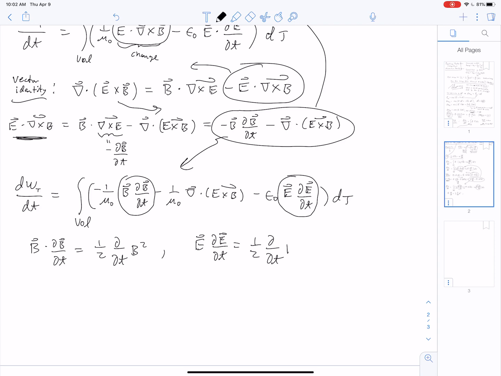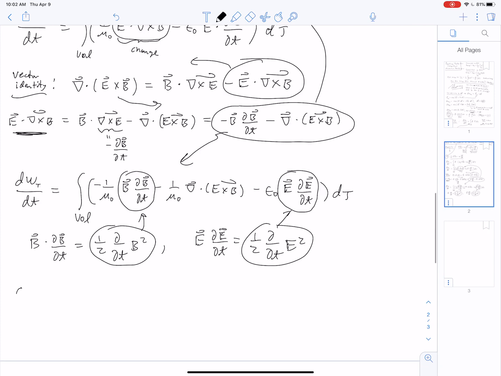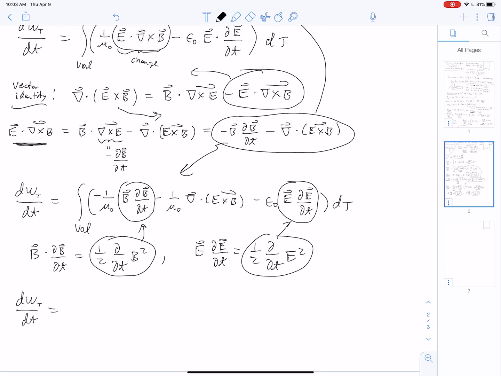And so what we can do then is plug this in here, and plug this guy in here, and that allows us to rewrite this stuff like this. We can now write this integral, the power, the work per time that's done on the charge distribution by the electromagnetic fields, in terms of these time derivatives.